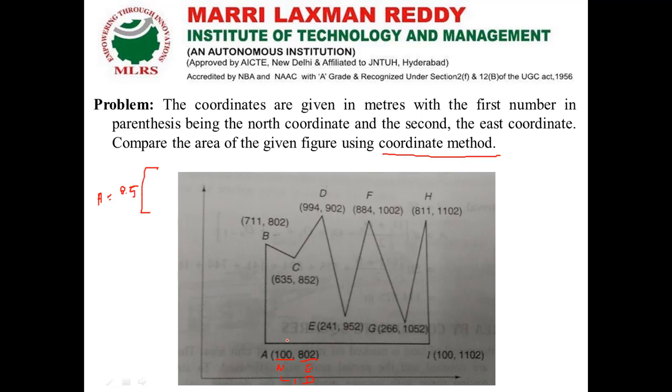They have mentioned the first one is northing, which is called the Y coordinate, and the next one is the X coordinate. So YA XA, YB XB, likewise YC XC.